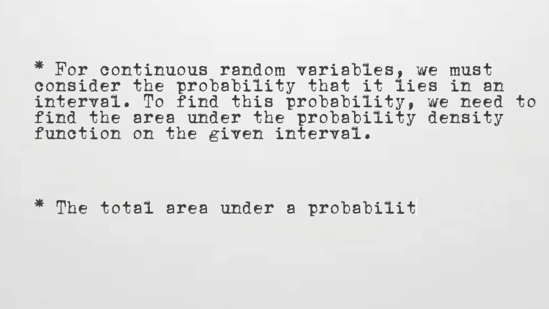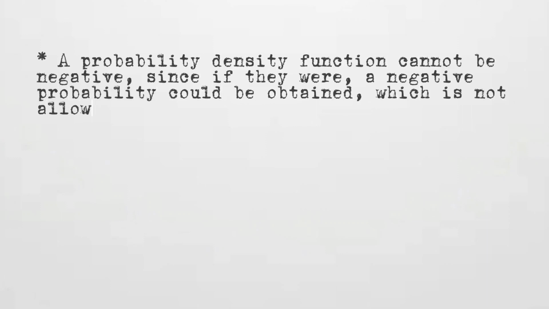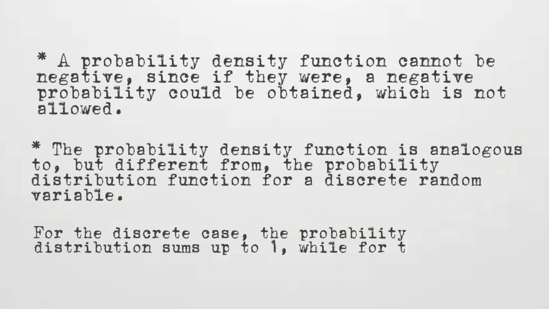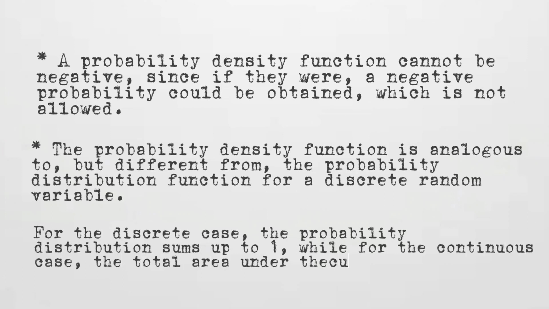Total area under a probability density function equals 1. A probability density function cannot be negative since otherwise a negative probability could be obtained, which is not allowed. The probability density function is analogous to, but different from, the probability distribution for a discrete random variable. For the discrete case, the probability distribution sums up to 1, while for the continuous case, the total area under the curve is 1.